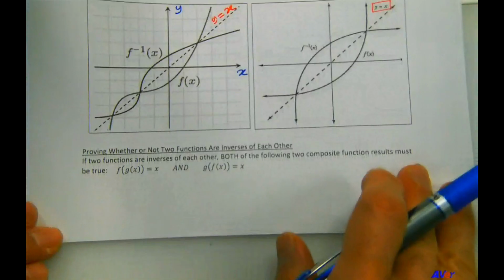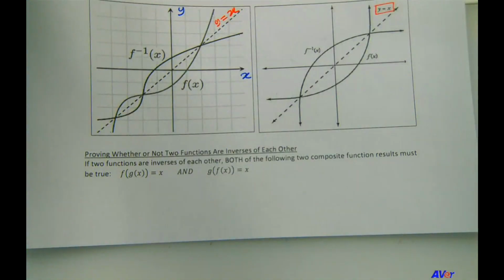So now, if somebody claims that they have two functions that are inverses of each other, how do we prove that that's in fact the case, or how do we disprove that claim? So last time, in section 2.6, we learned about composite functions, right?